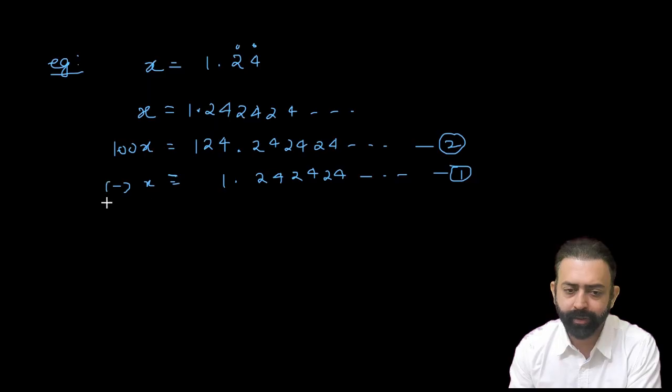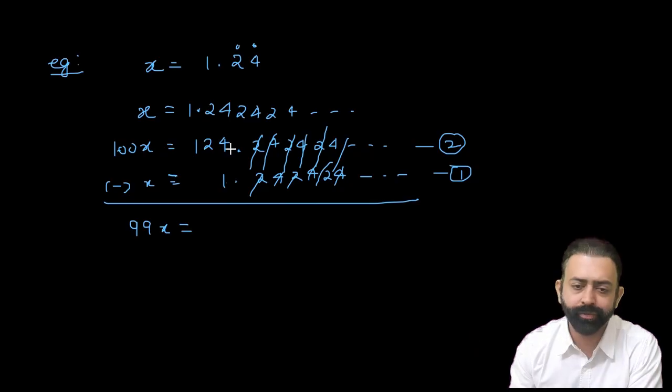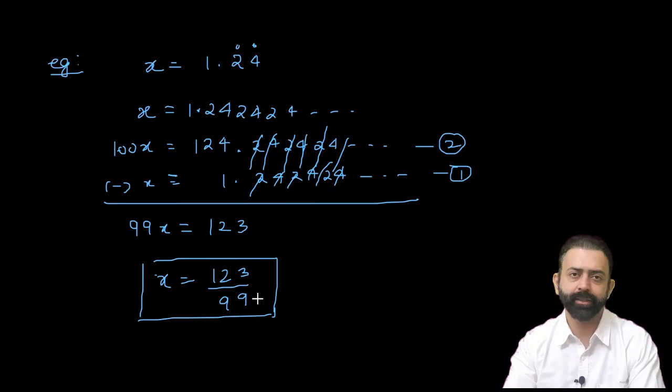On subtracting these two, I will get 99x equal to, these 24s will get cancelled with each other. You will get 124 minus 1 as 123. And x is 123 over 99. As simple as it is.